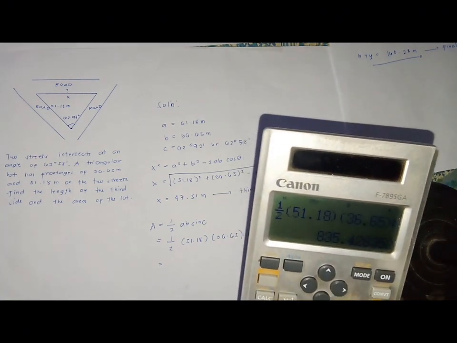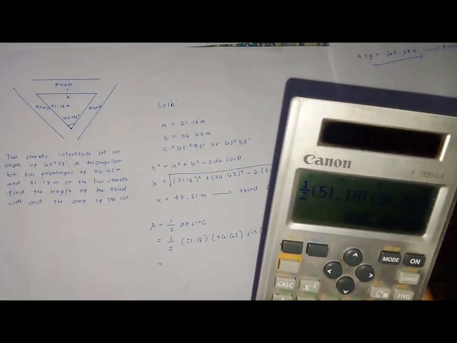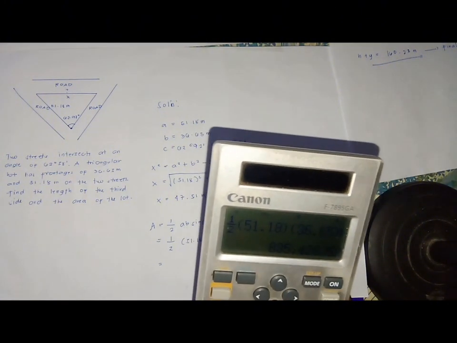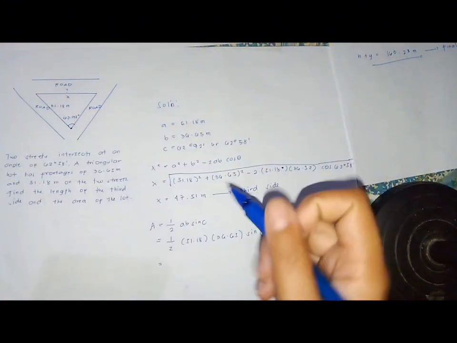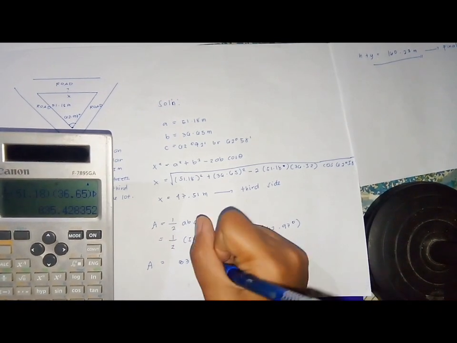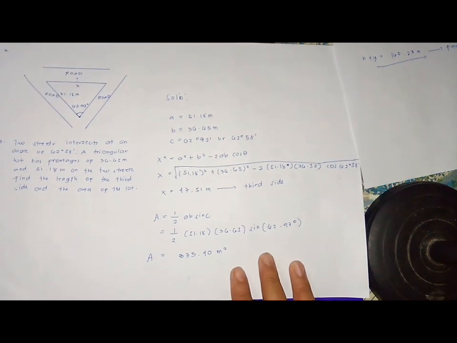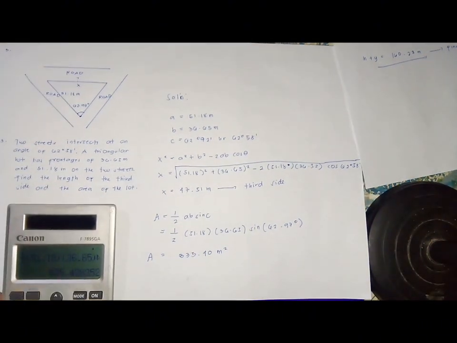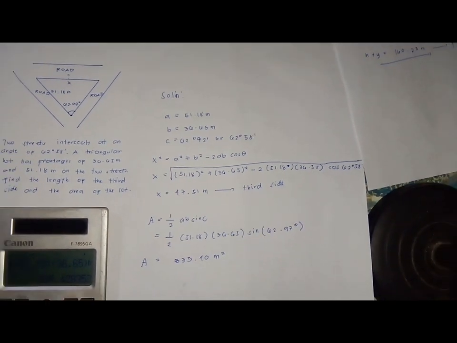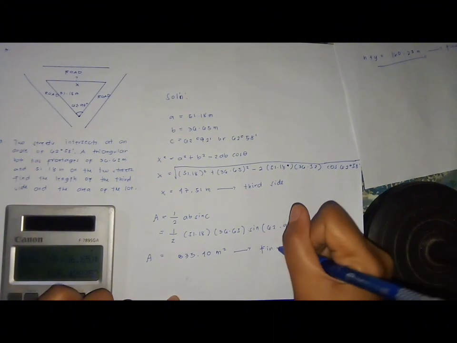So our final answer is A is equals to 835.40 square meters. So we have here A is equals to 835.40 square meters. So this would be our final answer.